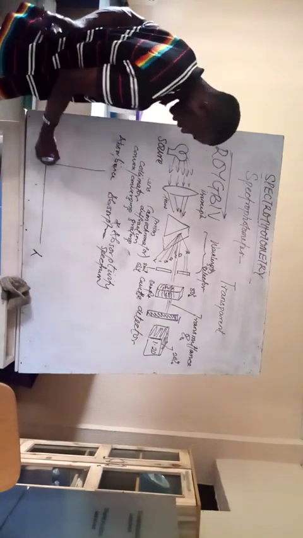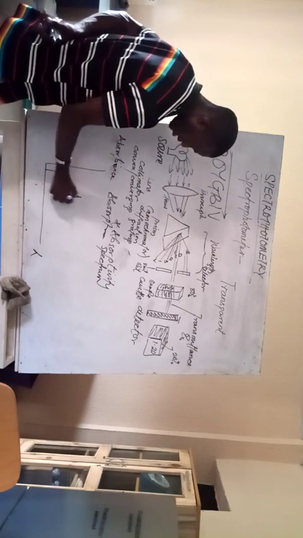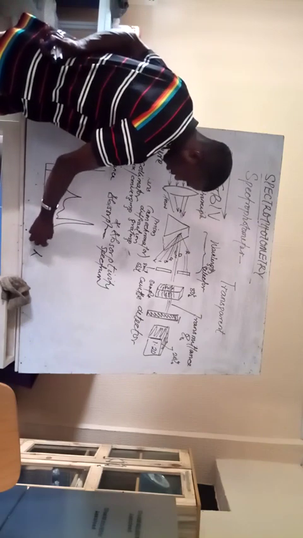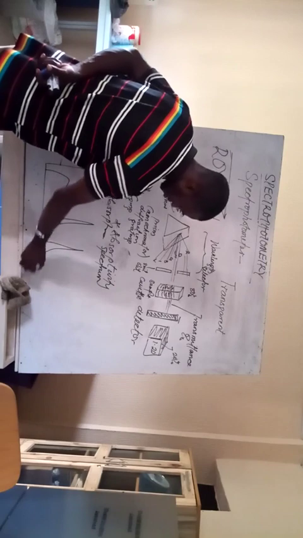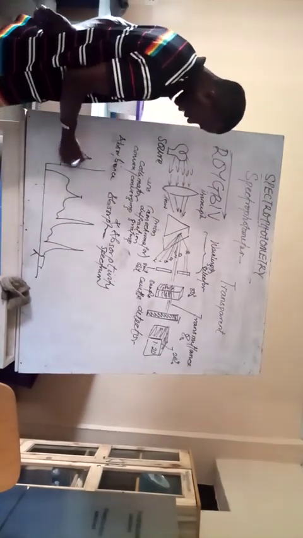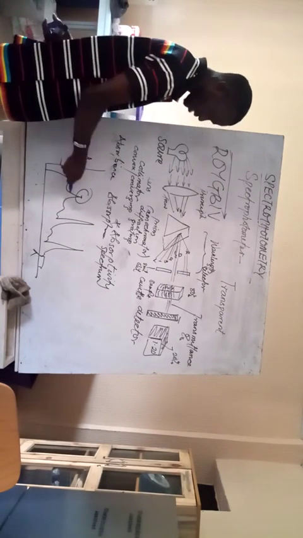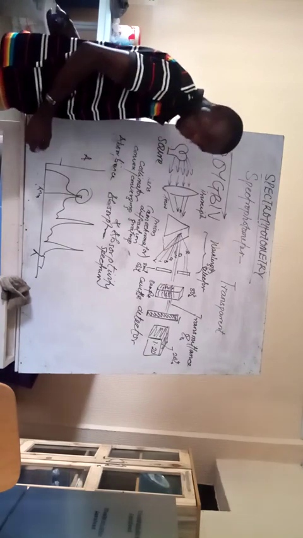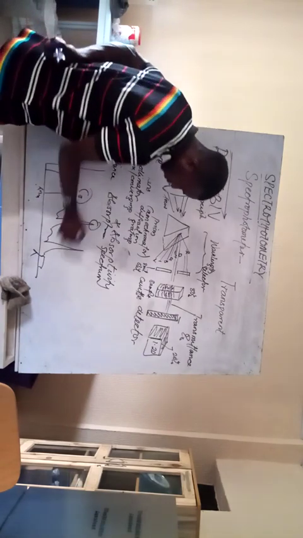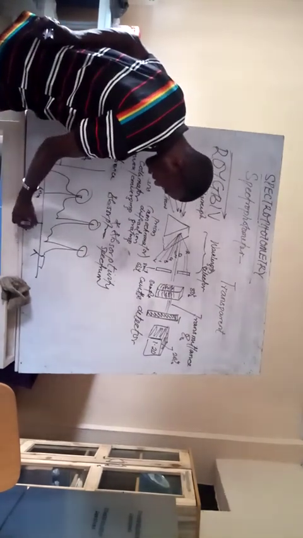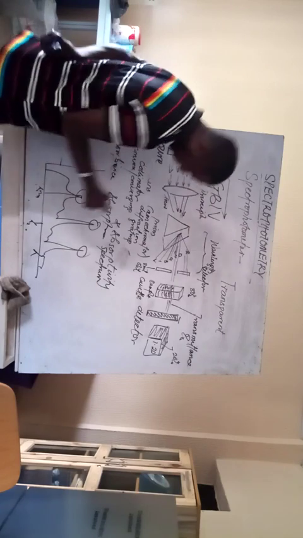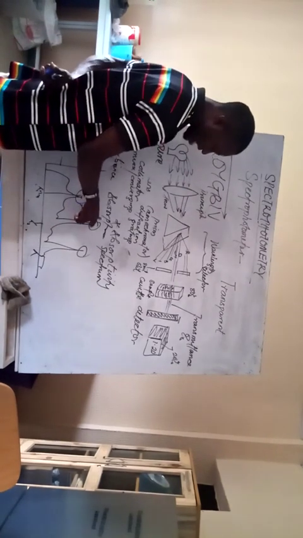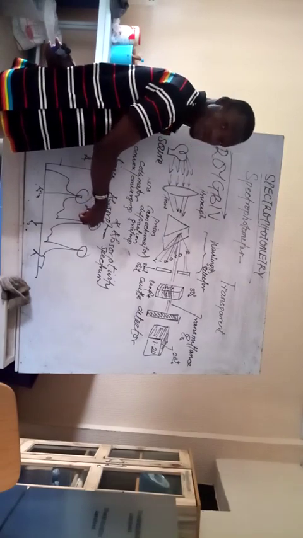So it's going to come with different peaks and values like this. At these peaks, it's showing you that the material is absorbing this particular wavelength of light very much, and also here.